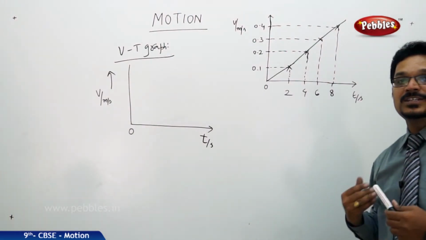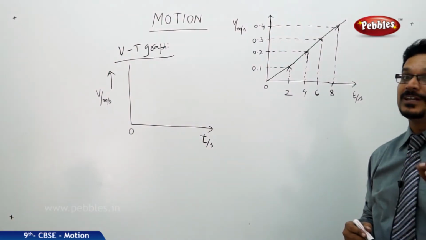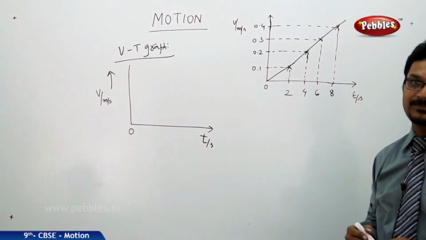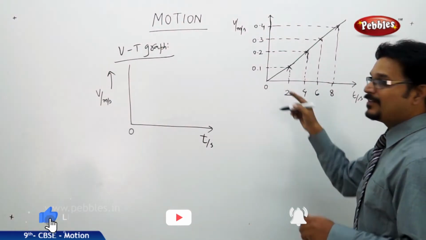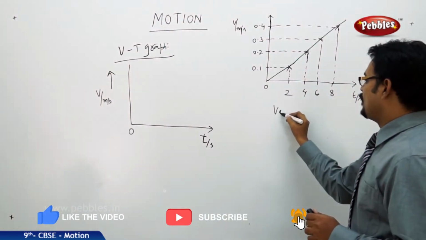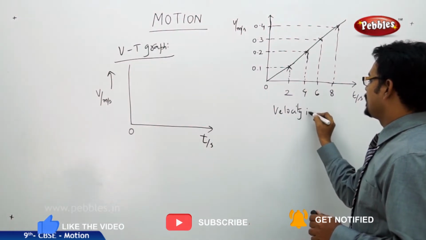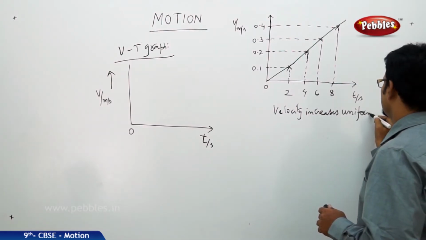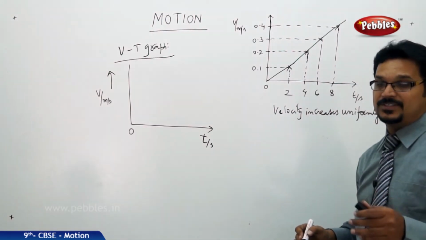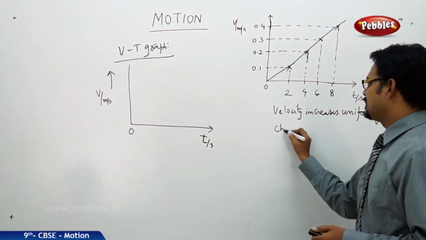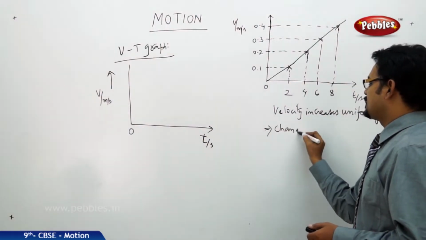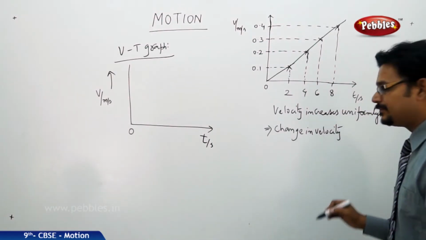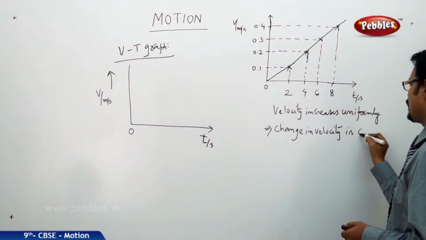Okay, when the velocity is increasing uniformly, you can say the change in velocity with respect to time is constant, right? So this graph says velocity increases uniformly, means change in velocity is constant.